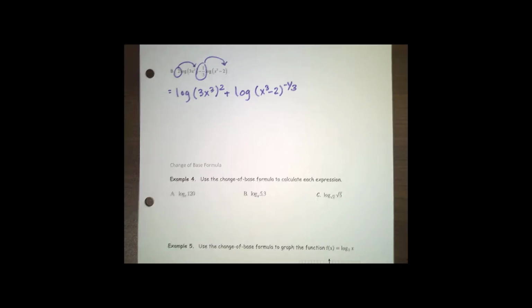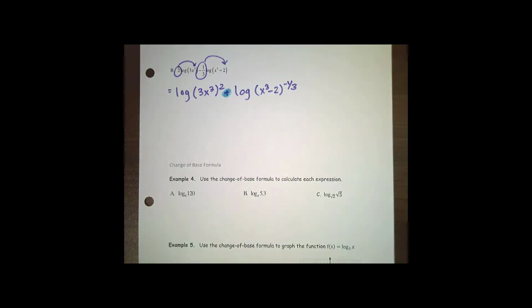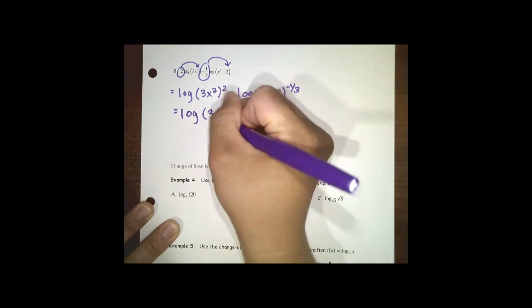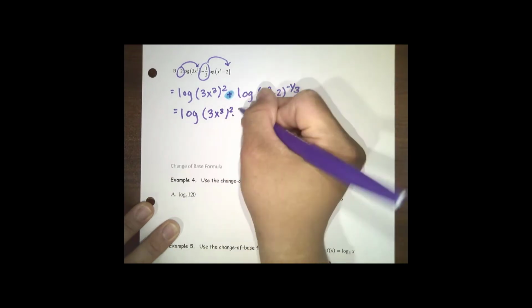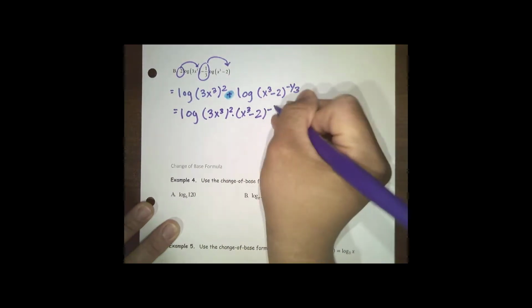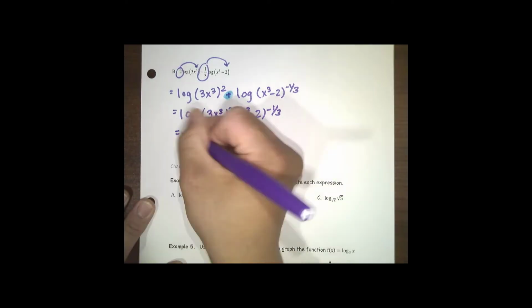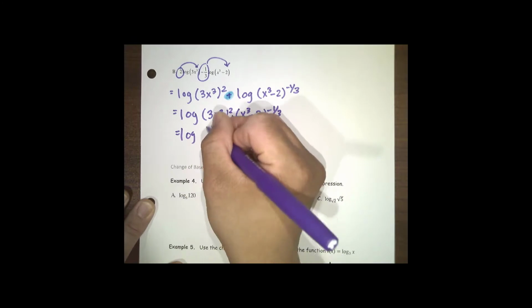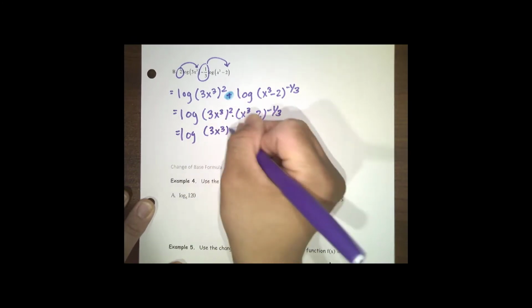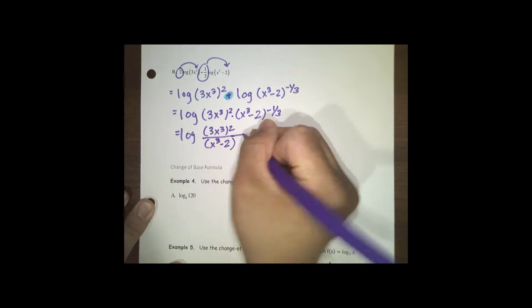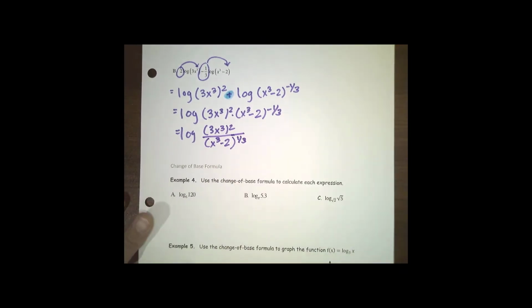And then I see that I have the adding here, so I'm going to use the product rule for logarithms to rewrite this as a single logarithm. So log of 3x to the 3rd squared times x cubed minus 2 to the negative 1/3 power. And then this can be brought to the denominator: log of 3x cubed squared over x to the 3rd minus 2 to the positive 1/3 power.